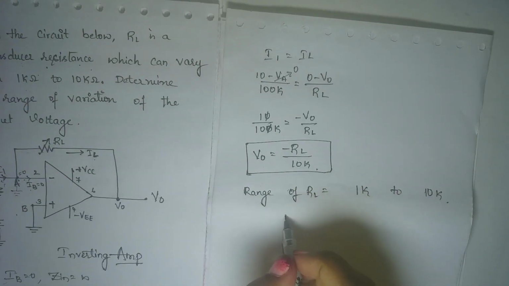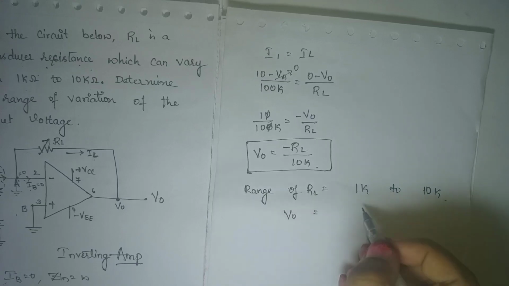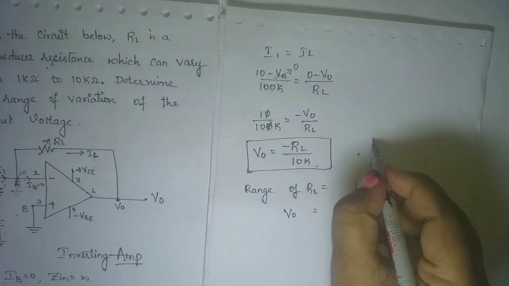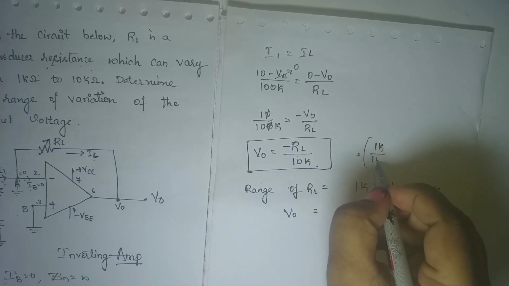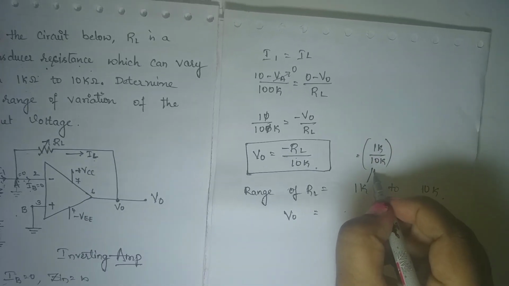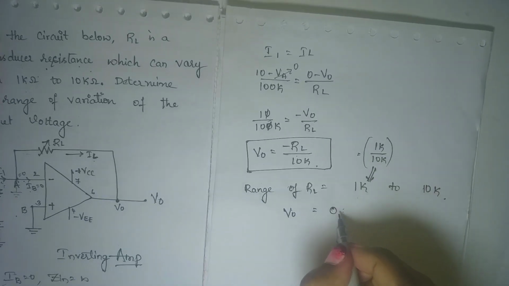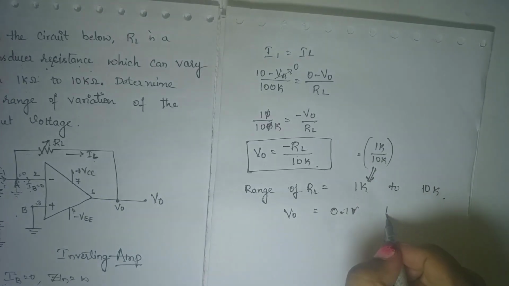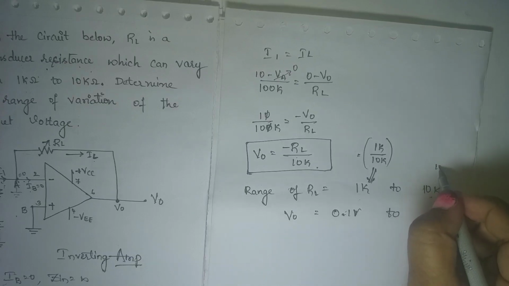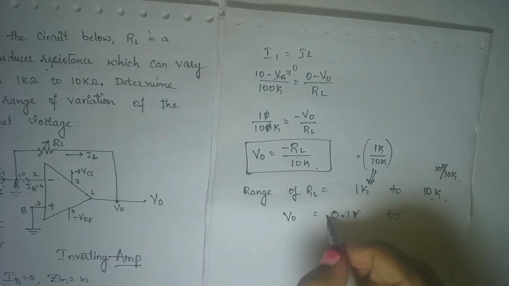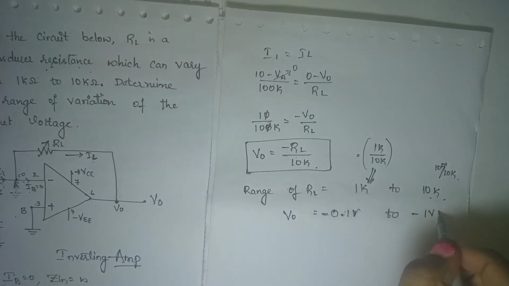Therefore, for the voltage V0, apply 1K to this expression. It becomes 1K divided by 10K. What is 1K divided by 10K? It is 0.1 volt, so minus 0.1 volt. For the other one, apply 10K divided by 10K. It becomes minus 1 volt.